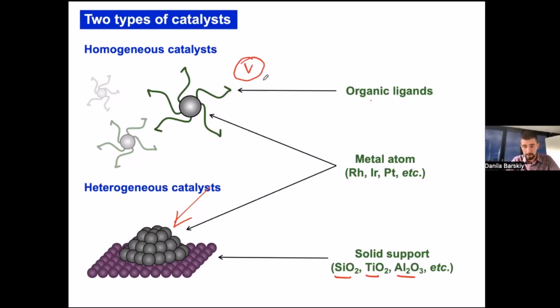It doesn't mean it's impossible with heterogeneous systems, and maybe one day we will see a very nice heterogeneous system where we simply bubble the hydrogen gas through a solution of water and our chemical inside, which we want to hyperpolarize, and some solid particles, which are not undergoing leaching, they're staying on the surface, staying in the solid state, can be used for that. So that's one of the really nice directions of research. However, in most cases, currently, we're still talking about homogeneous catalysis.